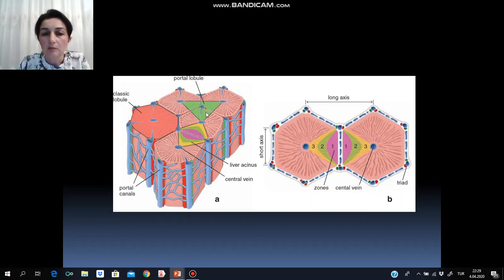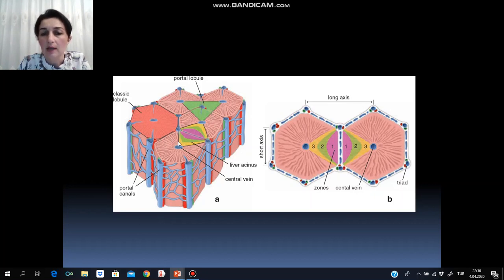So that will be the portal lobule according to the functioning of the liver as a gland. In this case, the bile will flow from the periphery of the portal lobule towards the center, towards this interlobular bile duct. And that is another conceptualization.